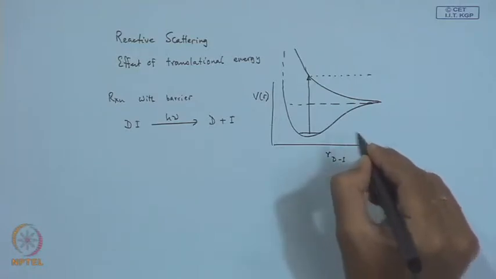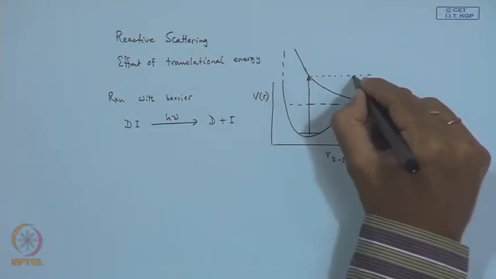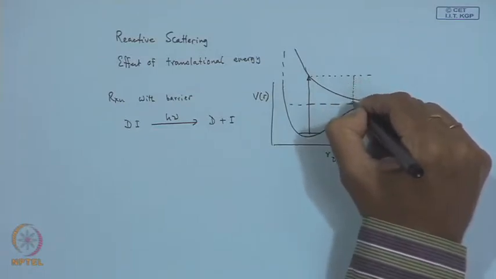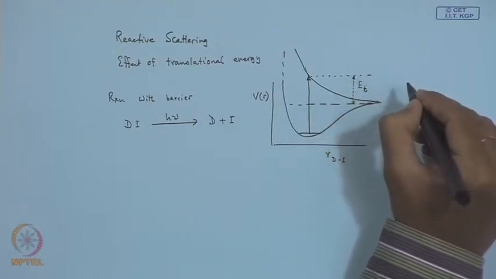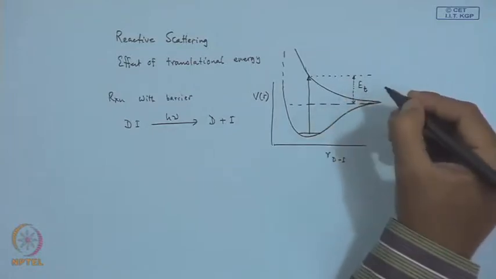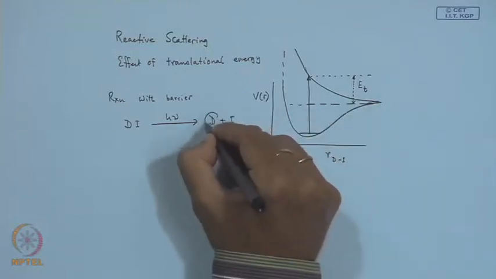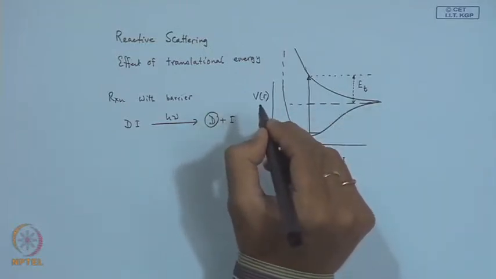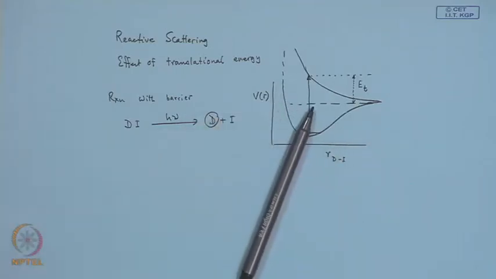So, this excess energy, this much, is the E translation. This excess energy is going to your lighter deuterium atom. You can also vary it by changing the frequency, by changing nu.